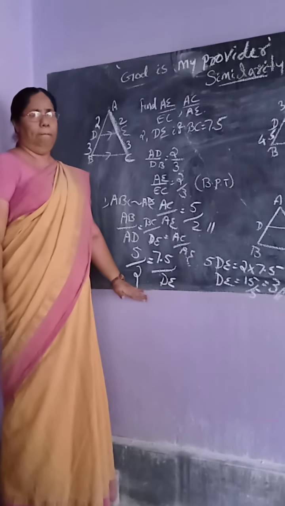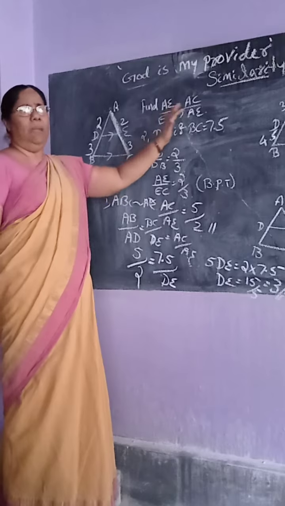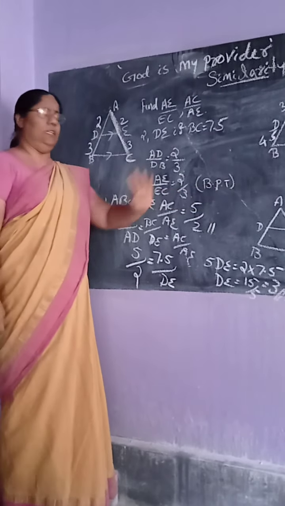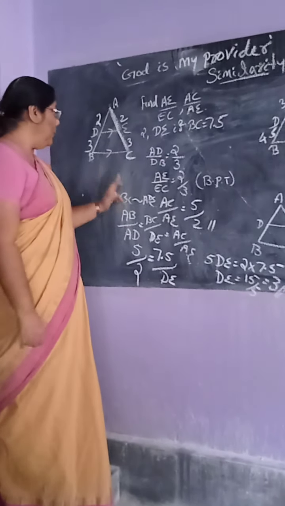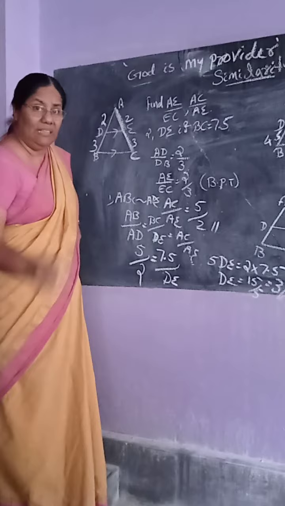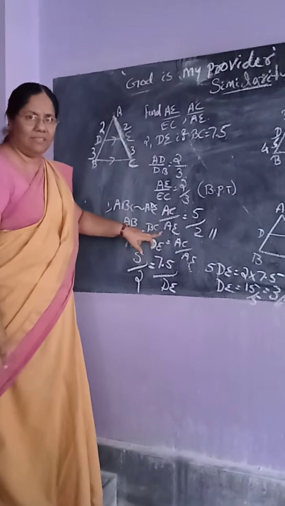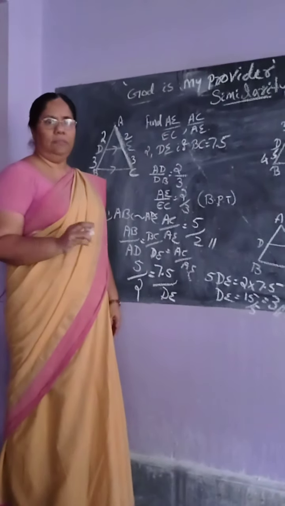Study that well. Okay. For writing the BPT, just write the answer and write the reason BPT. But when you take the second type of question, you have to prove that the two triangles are similar. Then only you can write this proportionality theorem. Understand? Then write. Finish? Then next one.